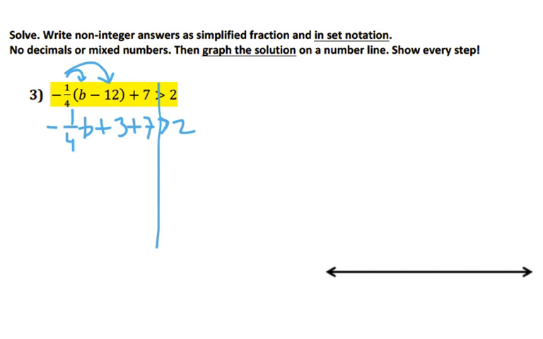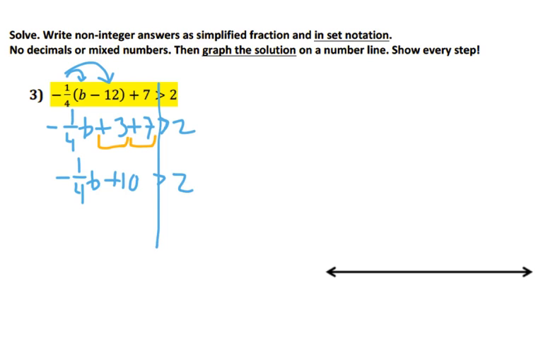Next, we're going to combine our like terms. In this one, notice there's no other terms with b, so our like terms are actually the 3 and the 7. So we add those together, and we get negative 1/4 b plus 10 is greater than 2.